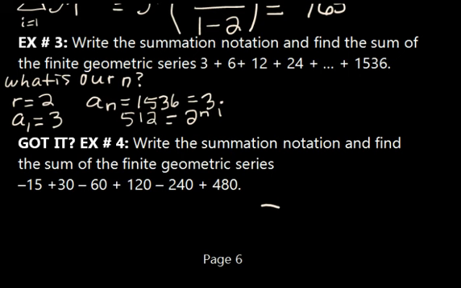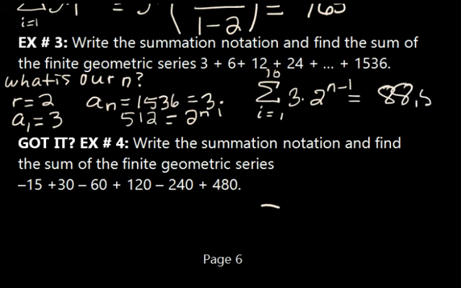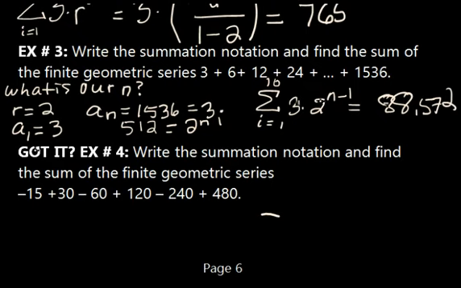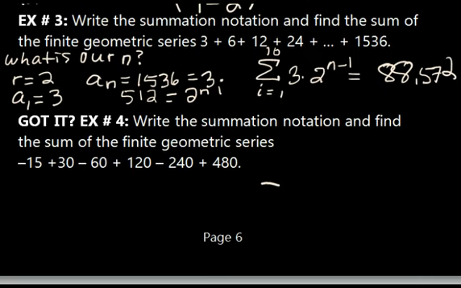I have the sigma, the summation of i equals 1 all the way up to 10 of my rule, and we've already figured that out, which is 3 times 2 to the i minus 1. And using our S sub n formula, this generates to 88,572.